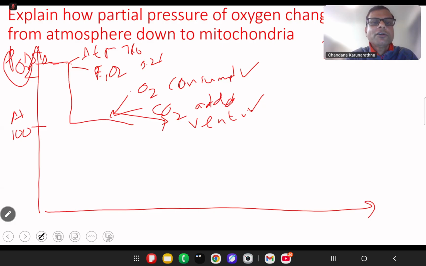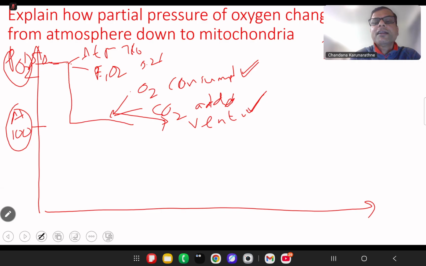Otherwise, at room air, the 16% here is just a result of what happens, not the reason. The main causes are consumption of oxygen and ventilation, and then the addition of carbon dioxide. So gas exchange and ventilation are the reason why you get 100.